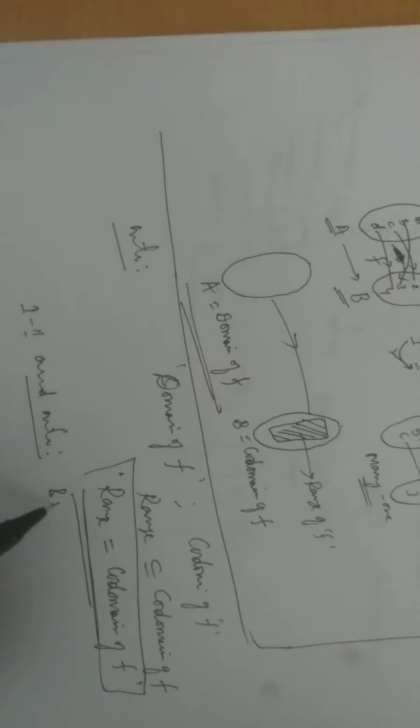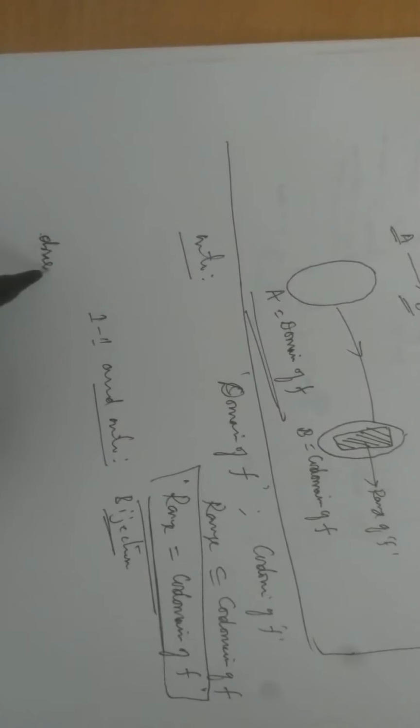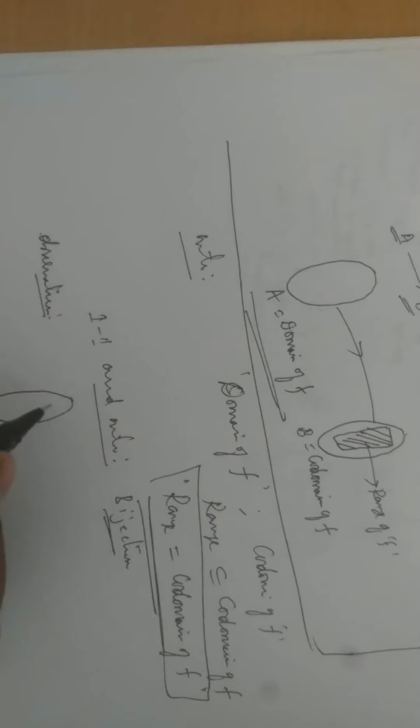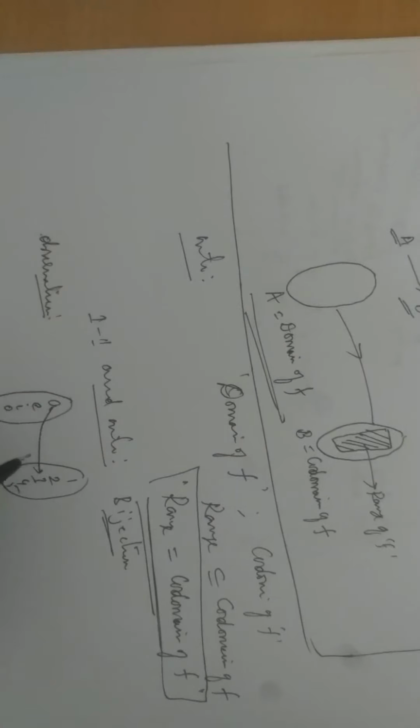then we say that it is a bijection. And the first observation we want to make is, let me say I have A, E, I, O, U and here I have 1, 2, 3, 4, 5. I will map A to 3, E to 1, I to 2, O to 4 and U to 5.